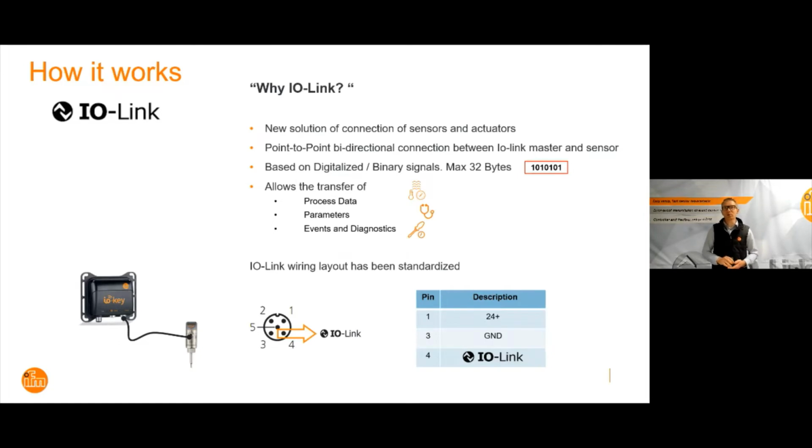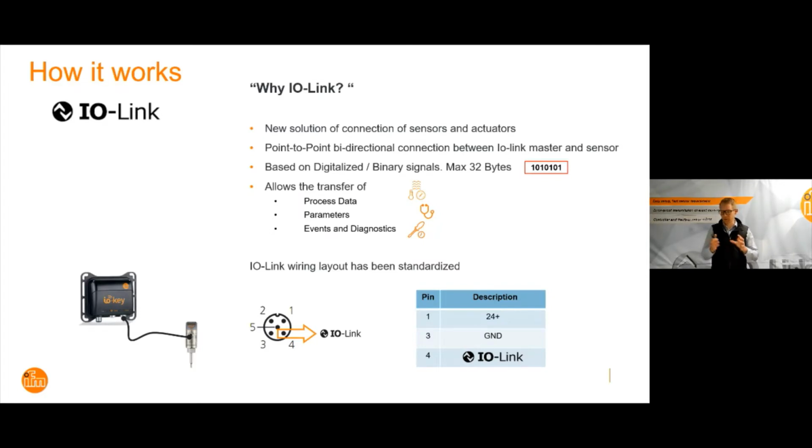Okay, and the other thing that's quite important with IO-Link is that the IO-Link wiring layout has been standardized. So no matter what type of IO-Link sensor you have, no matter what type of IO-Link port or master you have, the pin layout should be the same. So pin 1 and 3 will be for your power supply, and pin 4 will be for IO-Link communication. So this means any IO-Link sensor that I connect onto the Ioke will always use the same pin layout.